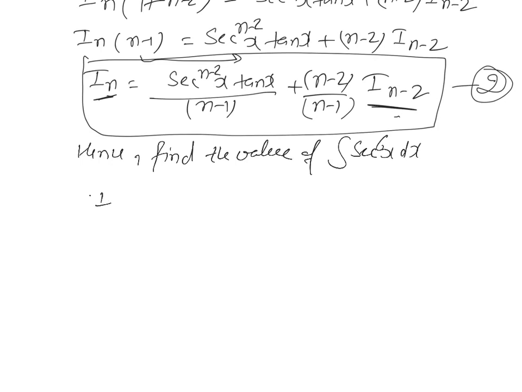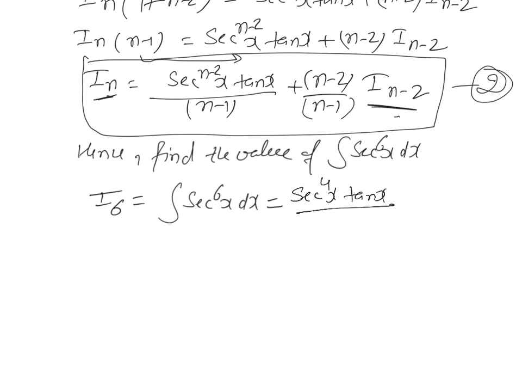This integral can be written in the subscript notation as I_6. Using equation 2 for n is equal to 6, here will be 6 minus 2, which is 4, so you will write secant^4 x tan x as such, divided by 5 (6 minus 1 is 5), plus 4/5 I_4. This equation is named as 3.